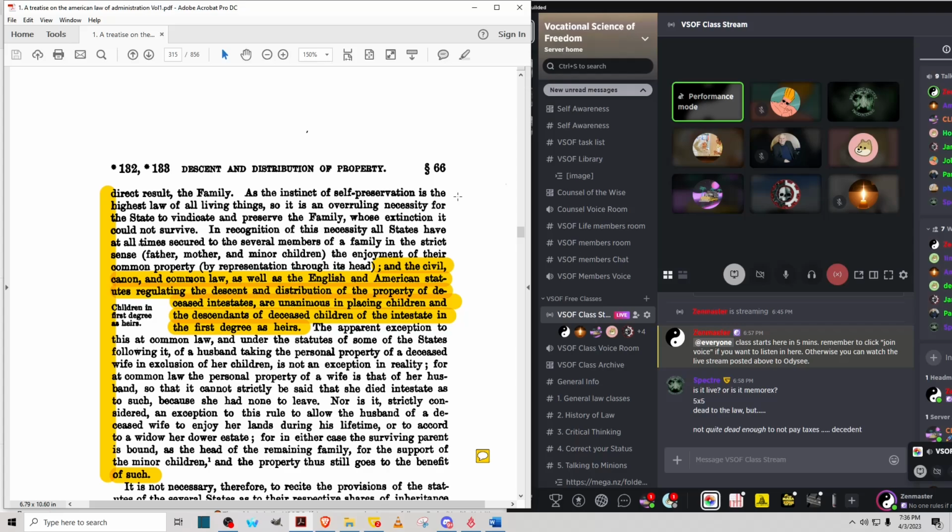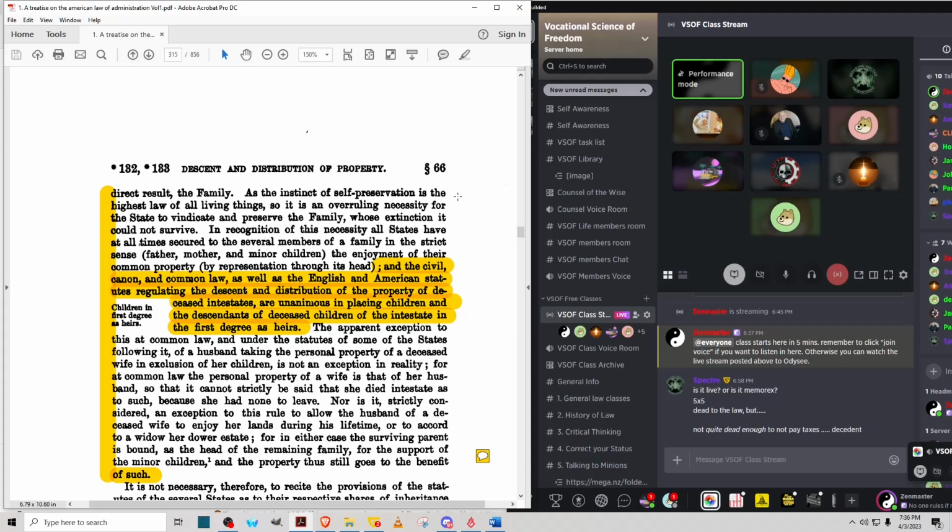So what's that saying? It's saying that for anybody that's intestate, all of these aspects of law, the civil, that's Roman civil law, canon, which is ecclesiastical, and common law, as well as English and American statutes, are all different aspects of law, right? So they're all saying that the descendants of the deceased children of the intestate are in the first degree as heirs.